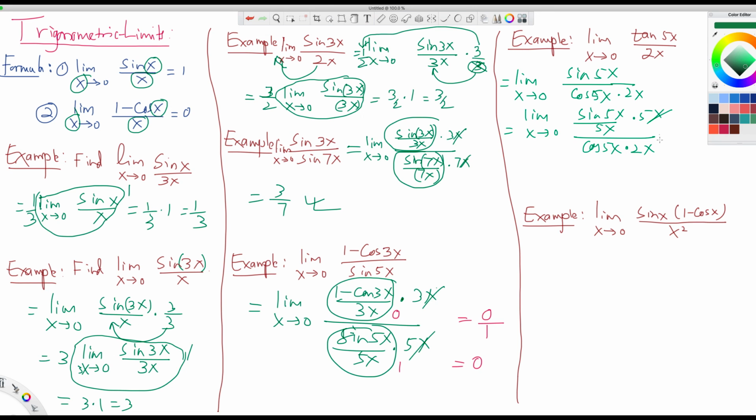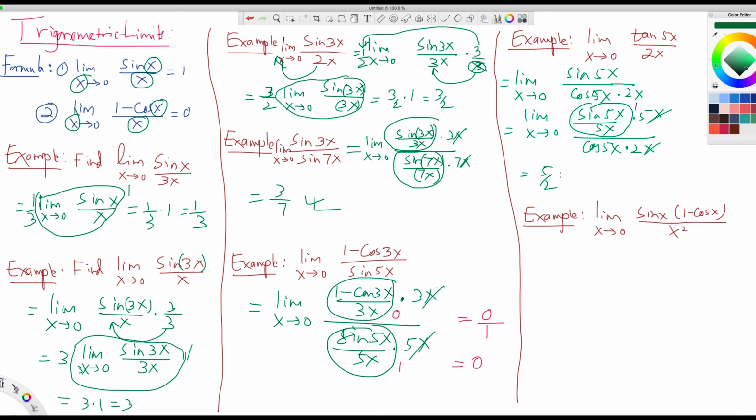Let's cancel that. X and x, 5x divided by 2x is just 5/2, and you use the limit. Sine 5x over 5x is 1, okay? And cosine 5 times 0 is basically, this is what you do. This value is 1. Now what you do next is I am plugging in the limit there. 5/2 is there, because I cancel x and x.